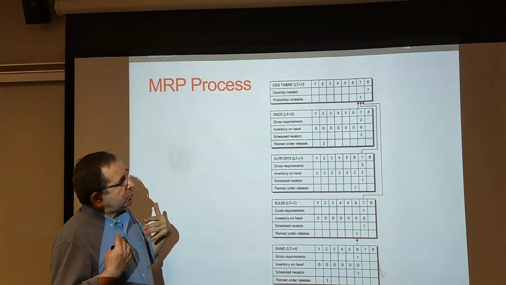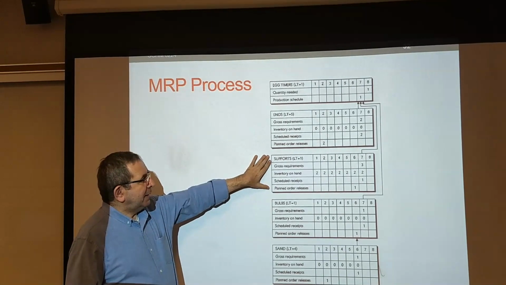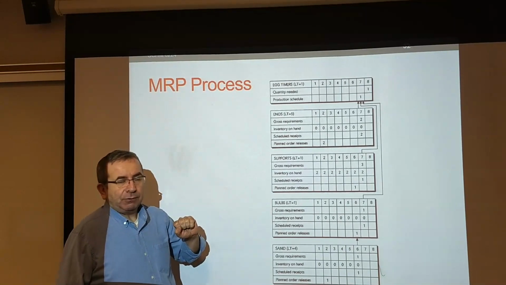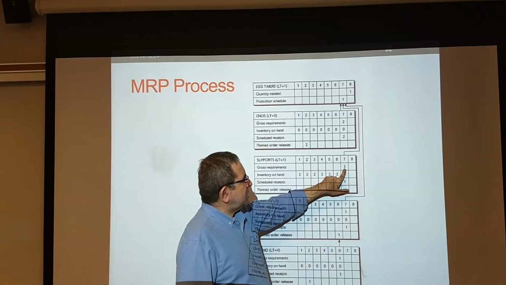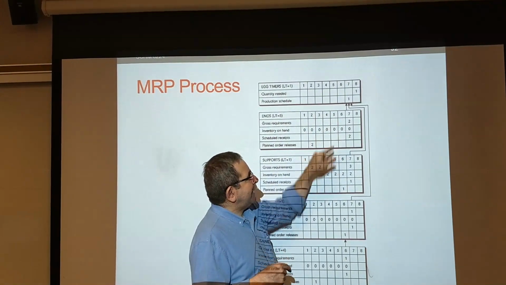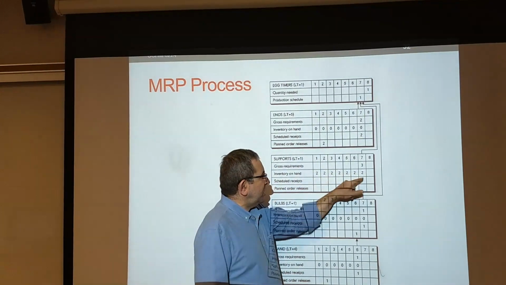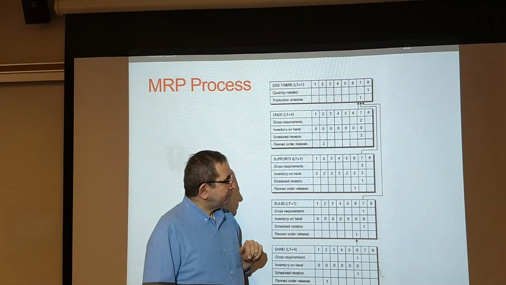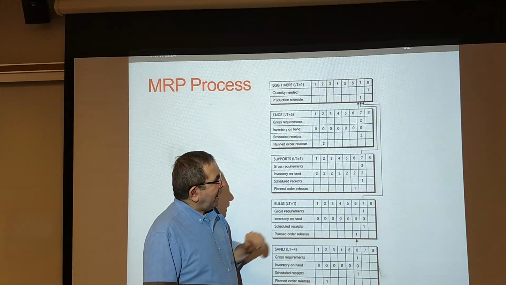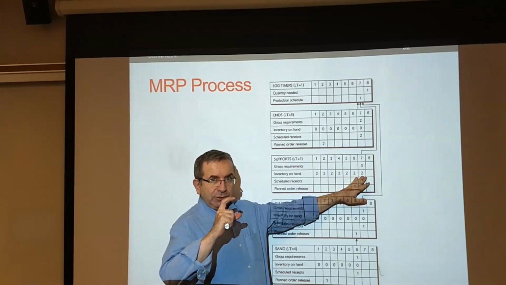Now, to make one egg timer, I also need 3 supports. Okay? So I need to have 3 supports available in period 7 so that I can start production. Okay? So first, I check my inventory. In my warehouse, I have 2 supports.